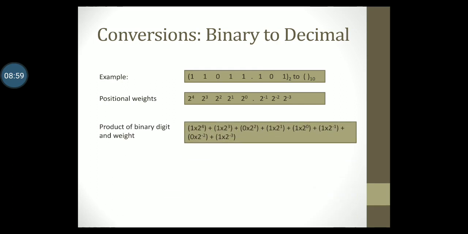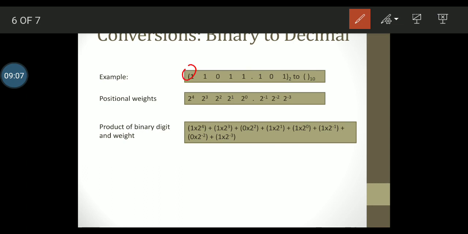Next, we multiply the binary digit with its weight to get 1 into 2 raised to 4 plus 1 into 2 raised to 3 plus 0 into 2 raised to 2 plus 1 into 2 raised to 1 plus 1 into 2 raised to 0 plus 1 into 2 raised to minus 1, 0 into 2 raised to minus 2 plus 1 into 2 raised to minus 3.